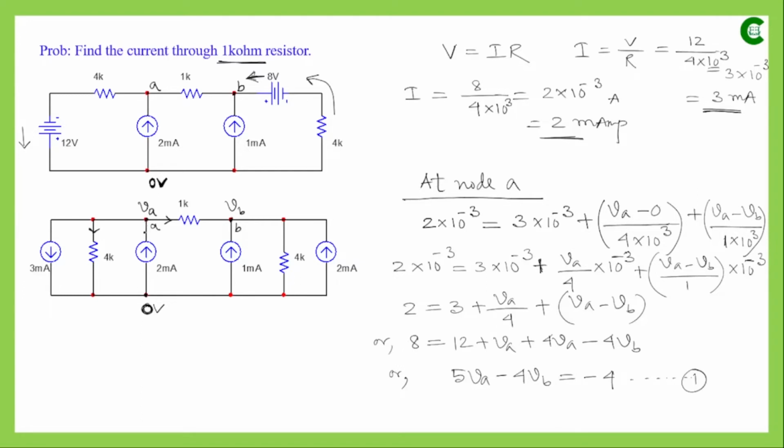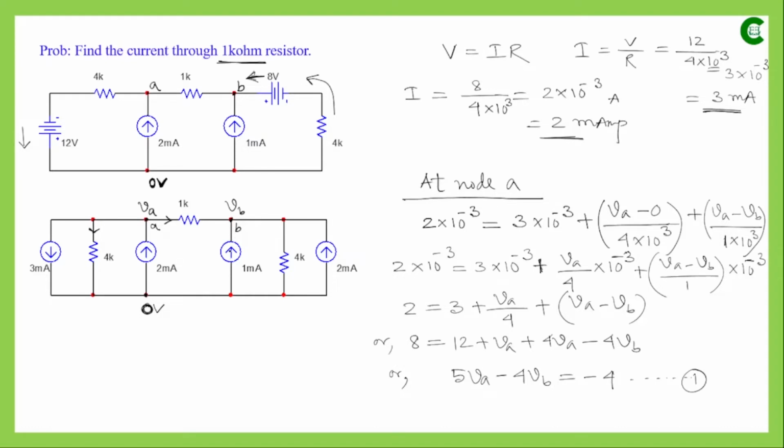Now the next step will be application of KCL at node B. At node B, as we can see, we again have four branches which are connected to that node, and here the direction of this current is already given, which is going towards that node.